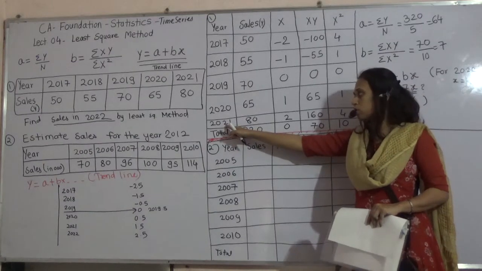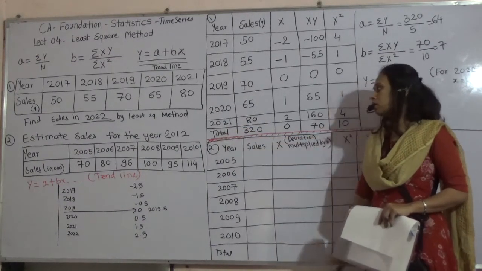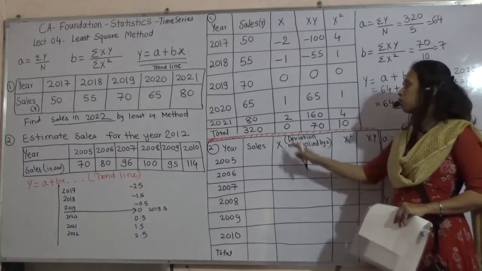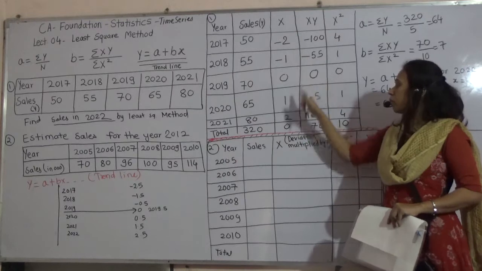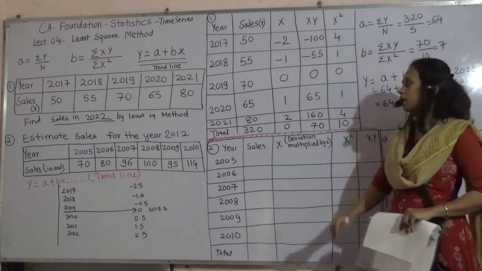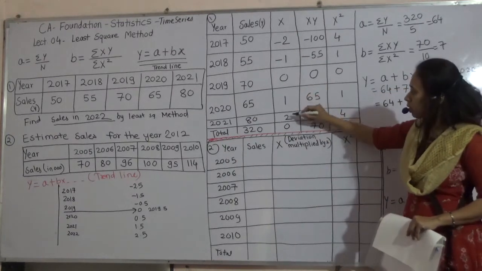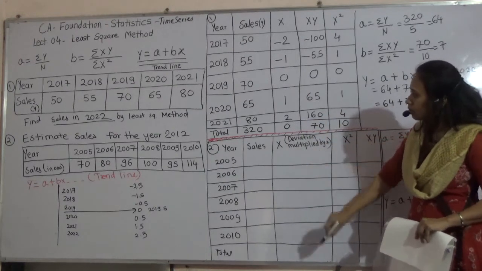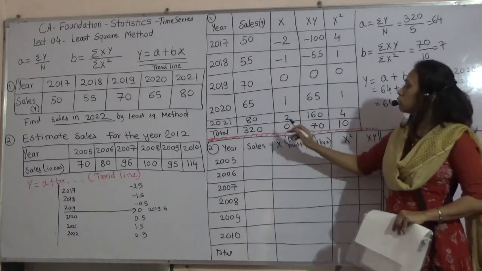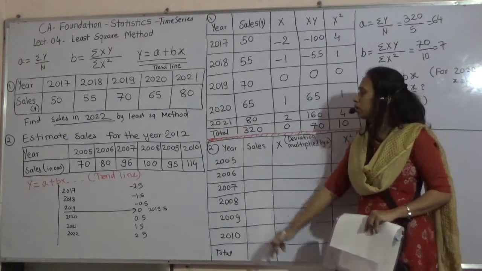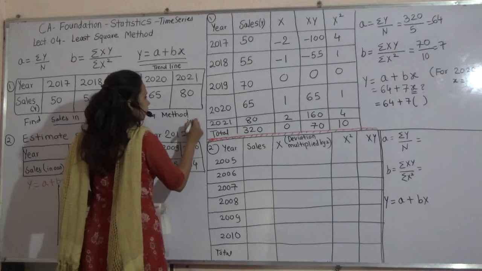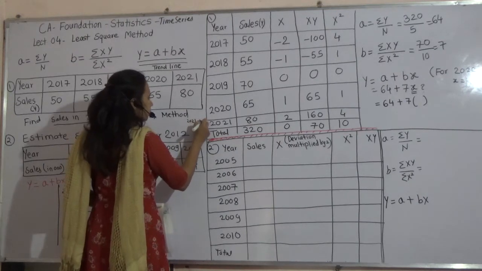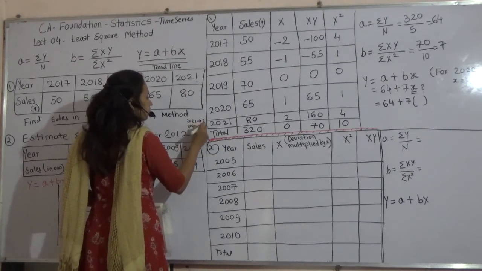It's 2021, and the next year is 2022. For 2022, we write the value of x as 3. Why? Because it goes 1, 2, 3 likewise. Suppose they suddenly tell you, see here 2021 is 2, 2022 is 3, 2023 is 4.